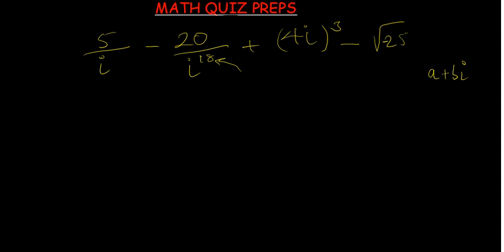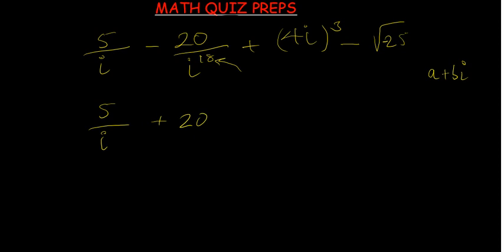So what we have is 5 over i minus 20 over negative 1. So negative 1 will make this portion become positive, and then this will be positive 1 down. And we know that 20 over 1 is simply 20. So we simply write this as plus 20.